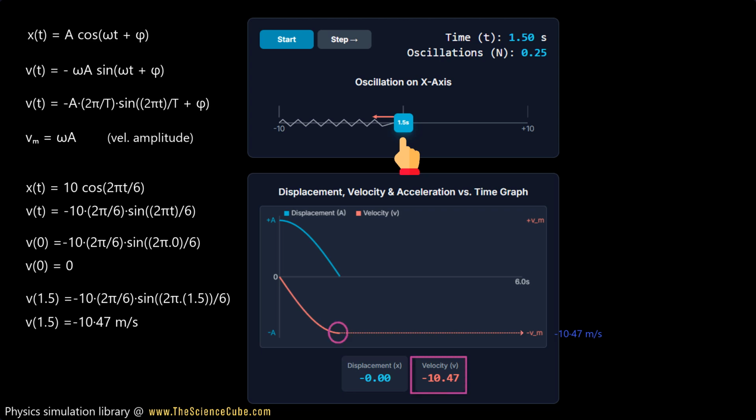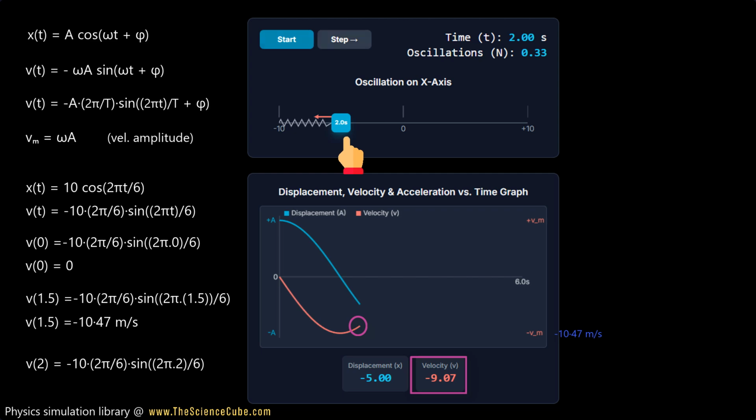and that is what we see here in the simulation as well. Next, we calculate the velocity at t = 2 seconds, and what we get is -9.07 meters per second, which means the mass is still moving to the left fairly fast, but the velocity has reduced due to the compression in the spring that is now offering force in the opposite direction.